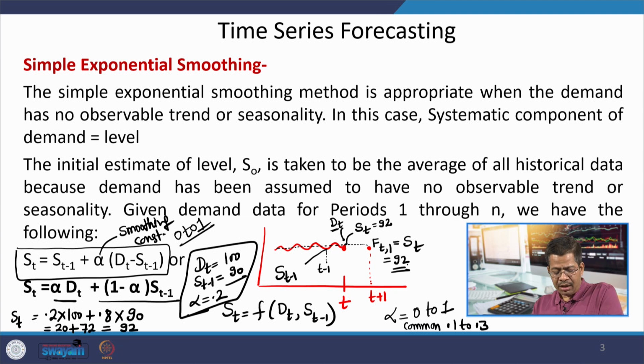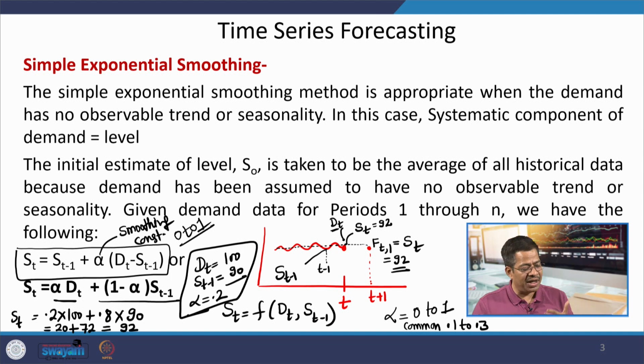This 92, which is my current base value, will become the forecast for the next period. Now, in this I have updated my current base from 90 to 92, and how could I do this? Because I realized that there is a gap of 10 units between my forecast and actual demand for the current period. So, I considered some fluctuation; I am not taking 100% of the fluctuation, I am taking only 20% of the current period's fluctuation for improving my forecast, and 20% of 10 is 2.